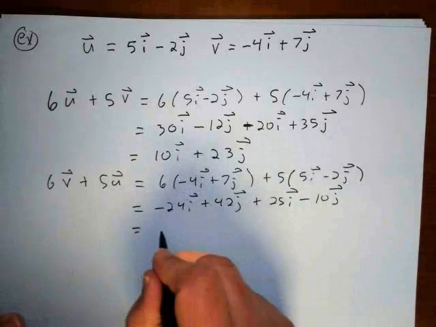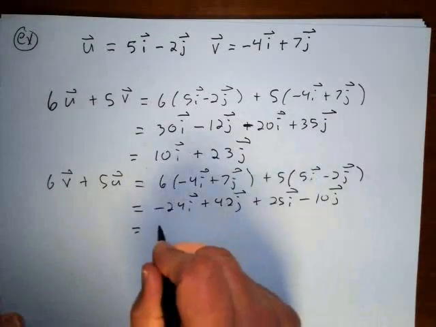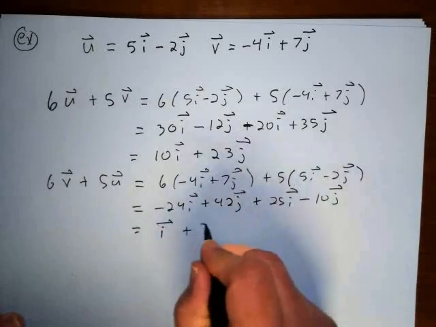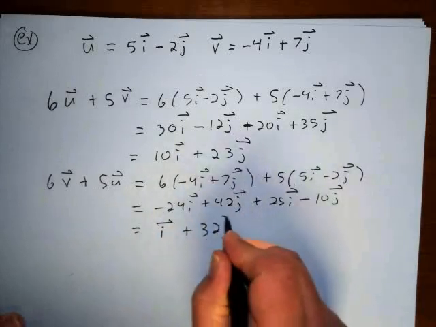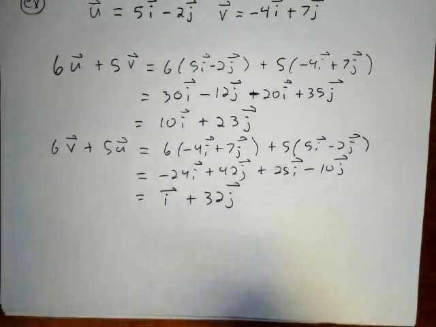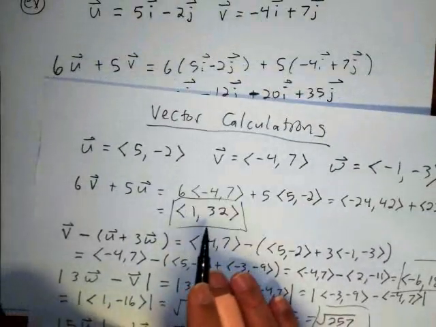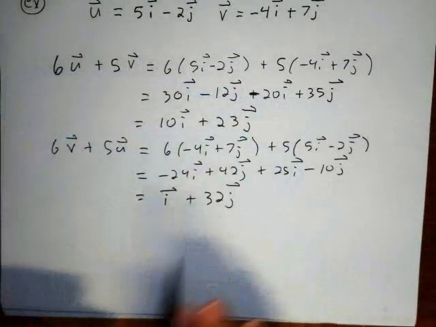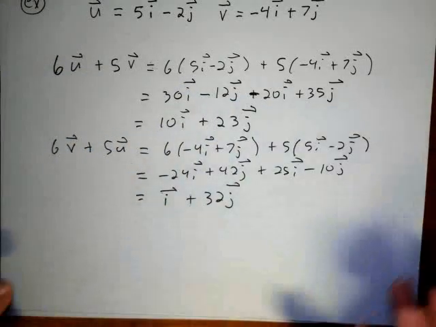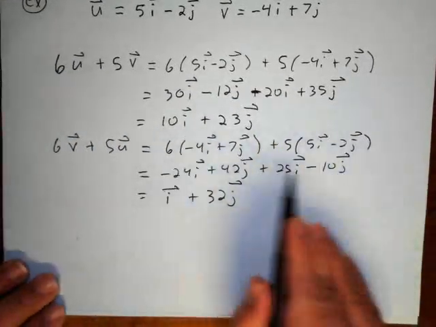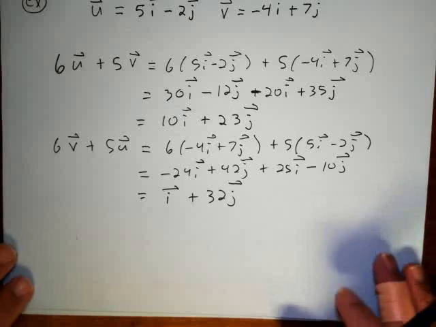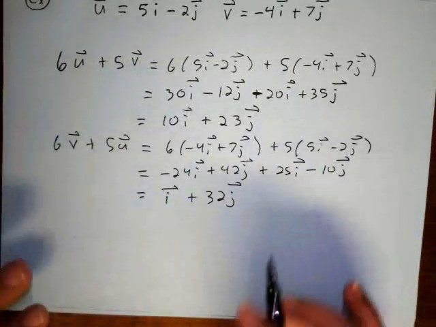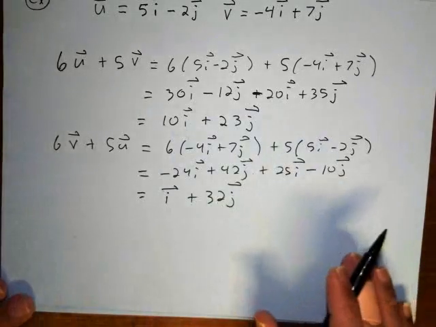Combining the i's, I get just i, and combining the j's, I get plus 32j. And what you can see here is you get the same thing. This is component form, 1, 32, and this is the ij form. So you can see how this might simplify some of the work, or it just feels a little different, combining like terms, things like that.